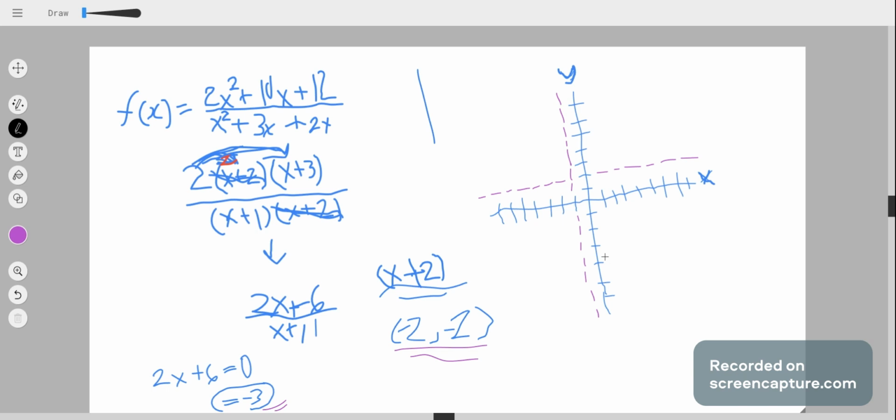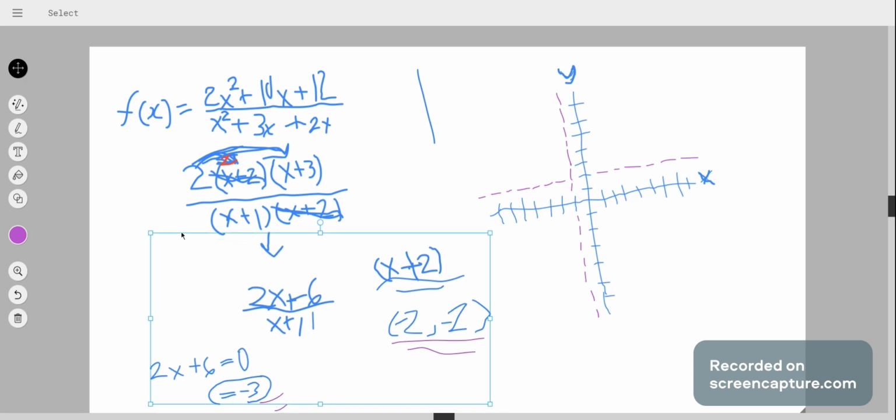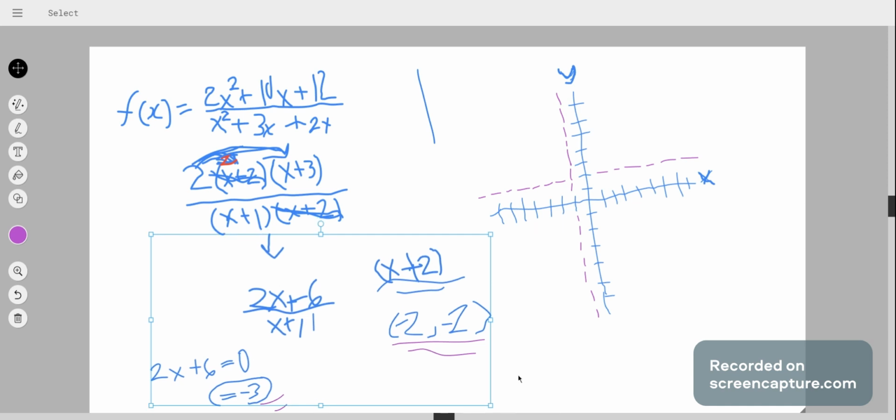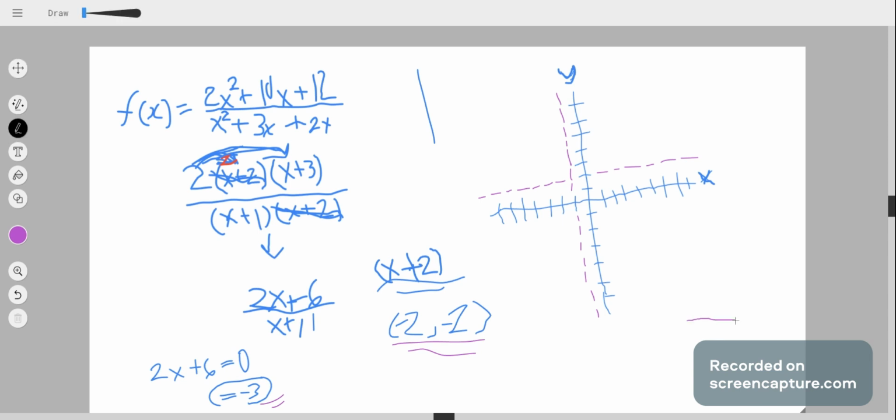Next what we're going to do is take our vertical asymptote and set up our little grid. That's what I like to call it. It's just a little grid, okay? So we want to have a set of numbers for x to plug into this equation right over here to find our dots.